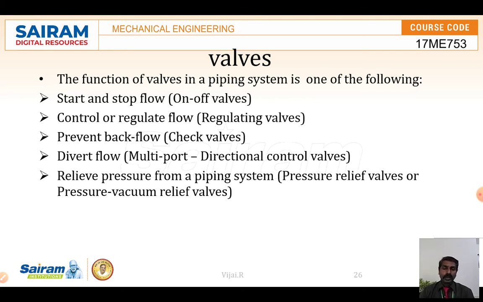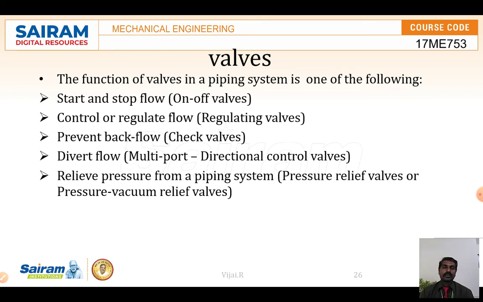So three important valves here. One is flow control, how much amount is to be passed through the system. When the load needs more liquid or more fluid, we can operate in a manner that the flow will be more, and when it is not required we can reduce the flow of liquid. That can be controlled by control valves.